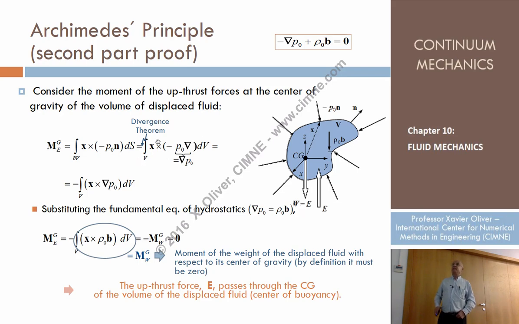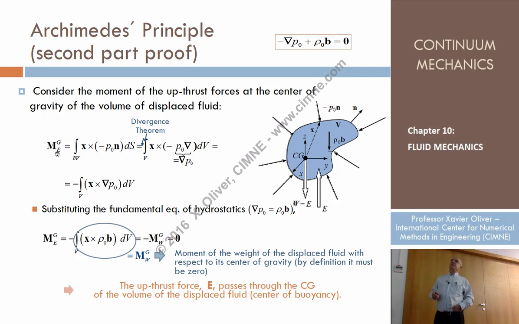So we do that. And now, according to the fundamental equation of hydrostatics, we replace the gradient of P0 by minus rho 0 b. So we replace that, and we see the following.